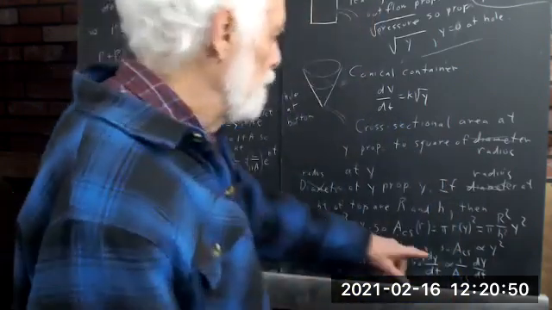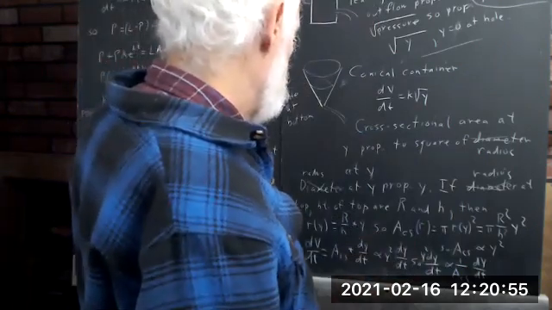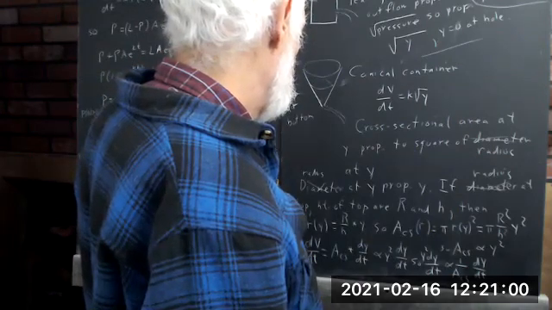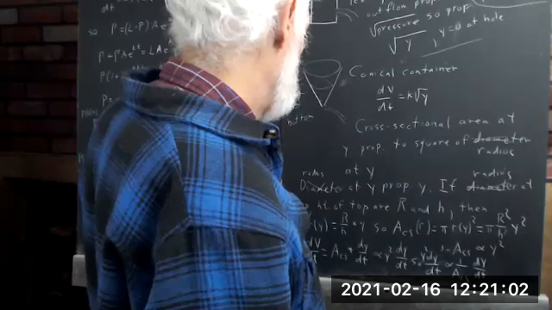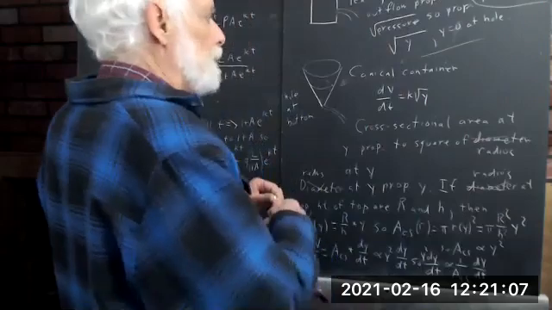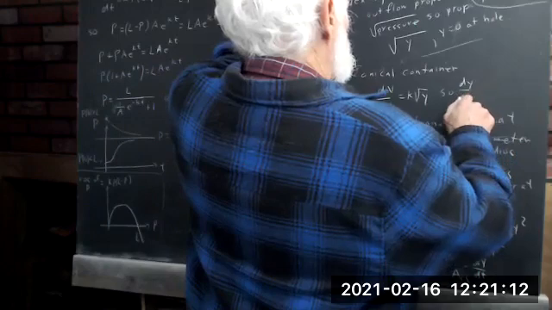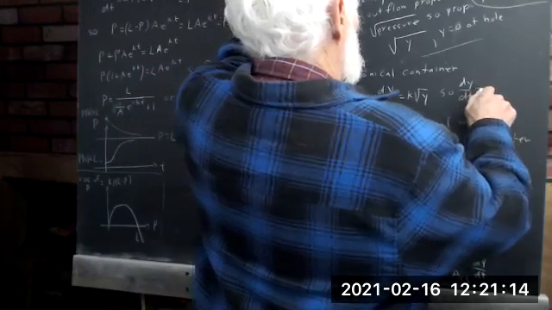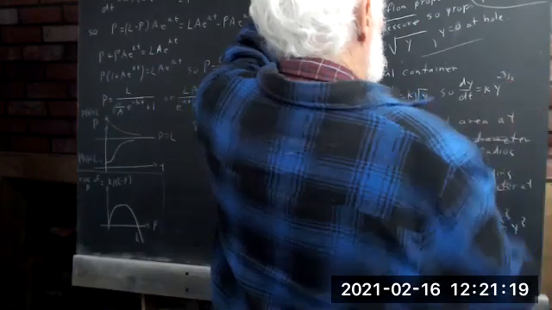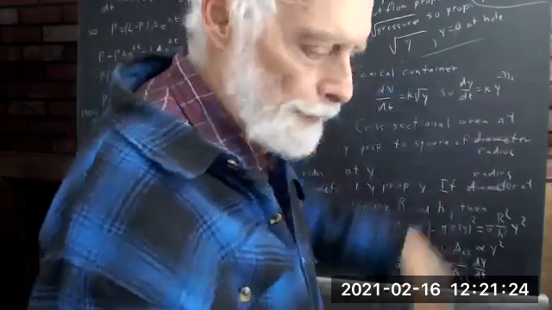Okay, so y squared dy/dt... I haven't written all that out correctly, but I'm going to say dy/dt is going to be proportional, with another proportionality constant, to y to the negative 3/2.